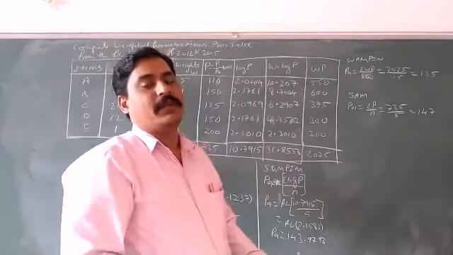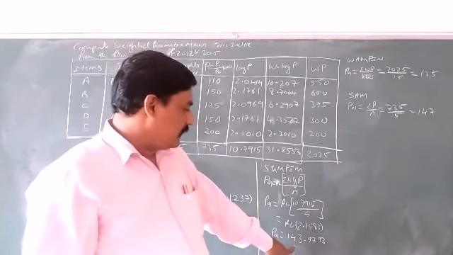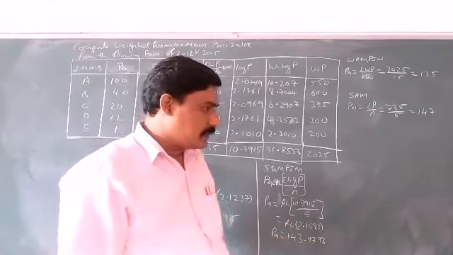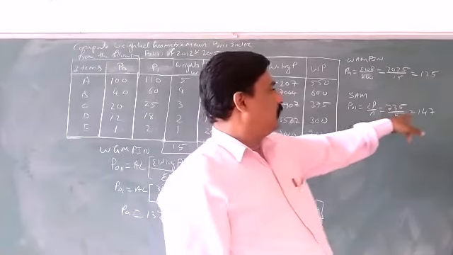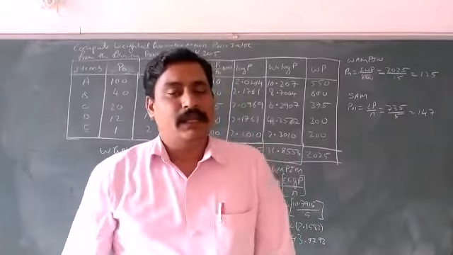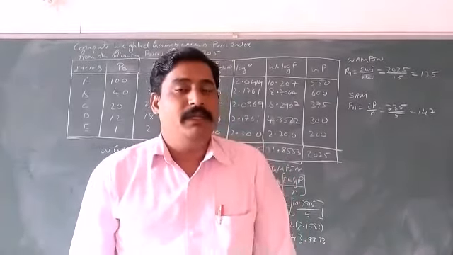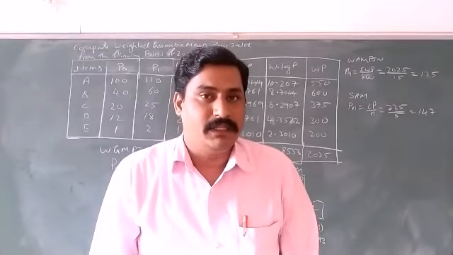If you compare the simple geometric mean and simple arithmetic mean, the simple geometric mean is showing 143.97, whereas the simple arithmetic mean is showing 147. So always, geometric mean average will be less than arithmetic mean average.